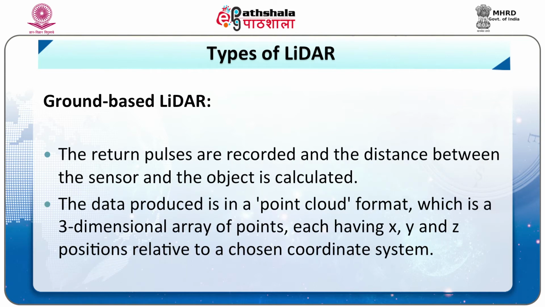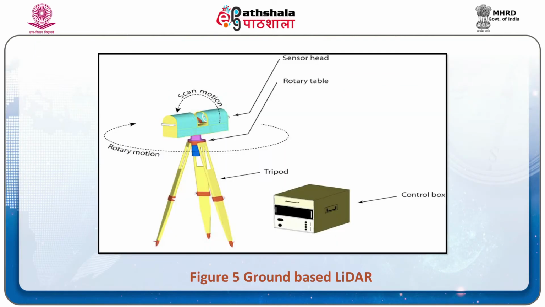The return pulses are recorded and the distance between the sensor and the object is calculated. The data produced is in a point cloud format, which is a three-dimensional array of points, each having x, y and z position relative to a chosen coordinate system. The structure of the ground-based LIDAR is shown in figure number 5 below.